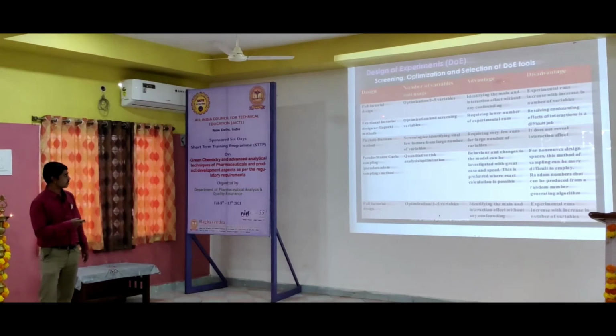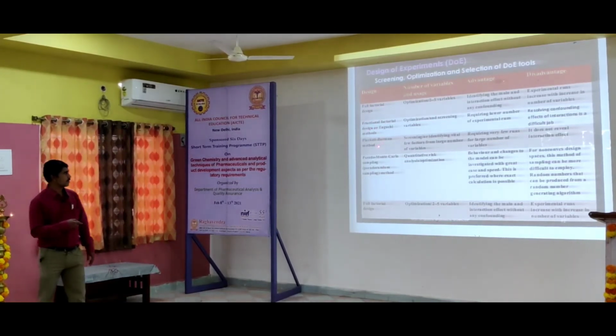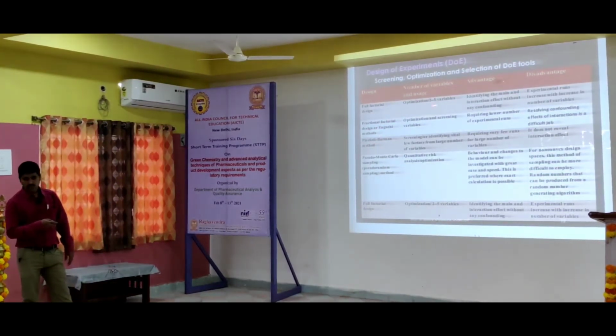You might have heard these methods: full factorial design, fractional factorial design, Plackett-Burman method, pseudo Monte Carlo sampling. These are the 4 different methods available in QBD. Each and every one has some specialization.